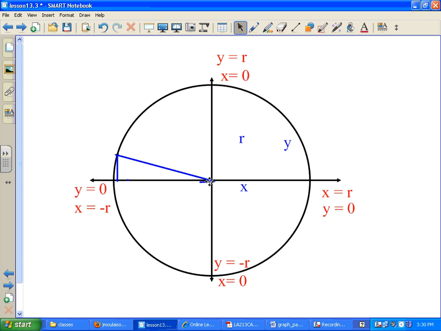I can see now the x value and the r value are approaching each other, while the y value is getting very small. So x and r are approaching each other, and y is going to 0 as this terminal ray heads towards 180 degrees. So at 180 degrees, y is 0.